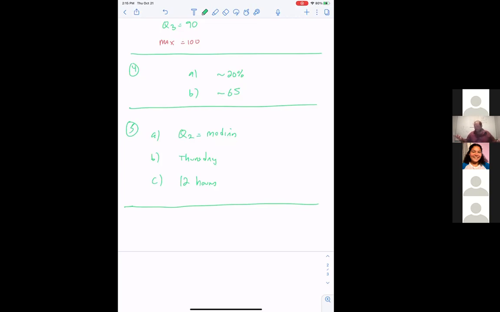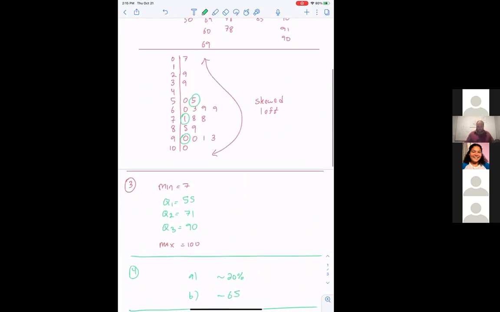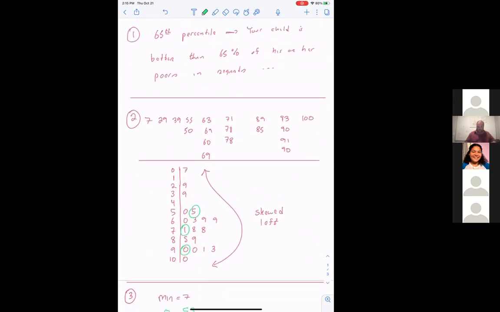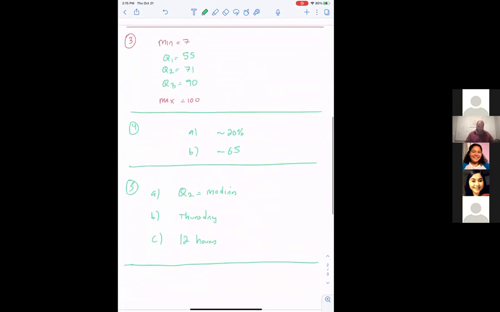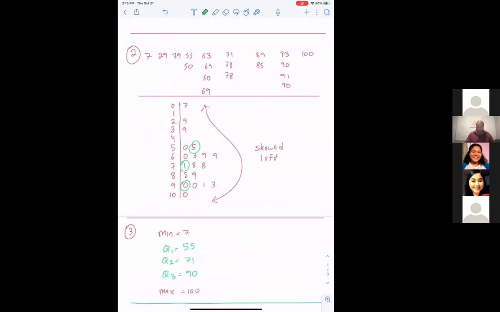Based upon my answers, you saw they were pretty much immediate across the board. Yes, the second one required some calculations. But for that one, where you put the numbers 7, 29, 39, 55 from smallest to biggest and put skewed left, I did that a little bit differently, from the graph at the bottom.